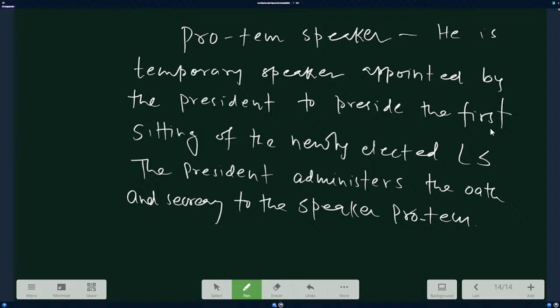He has all the powers of the Speaker. The main duty is to administer the oath to the new members of the Lok Sabha.